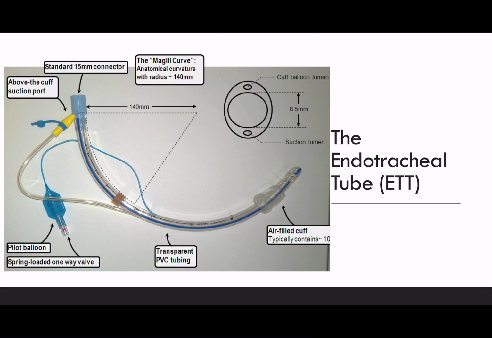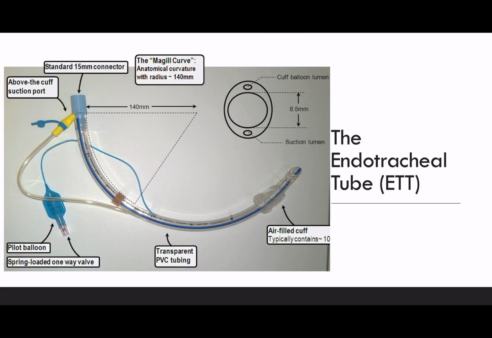The second important thing is the way in which the ventilator gives gas, air, into the lungs is by producing an increased pressure at the level of the ventilator. That pressure gets transmitted through the endotracheal tube, and where we want that pressure to go next is into the lungs to inflate them up like a balloon.